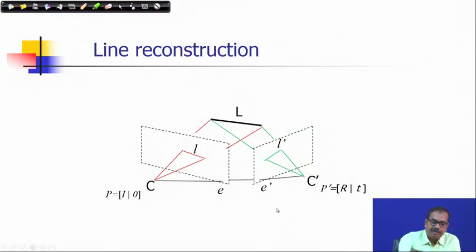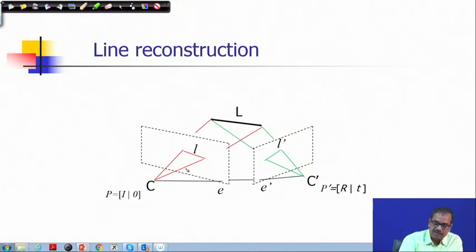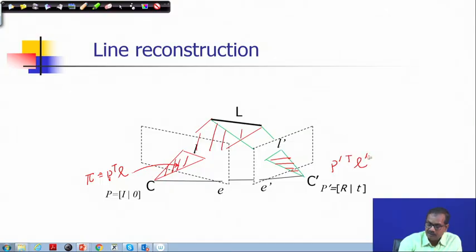So, what we can do here is, given this line and given this projection matrix P, we know that the equation of this plane is P transpose L. So, this is the equation of this plane. If I write pi as the equation of this plane, similarly, the equation of this plane is P prime transpose L prime.